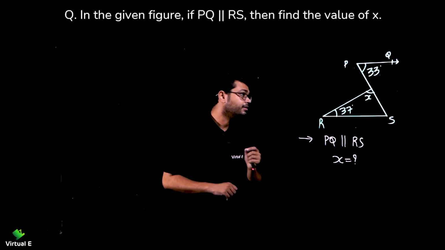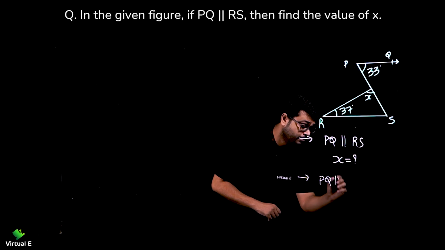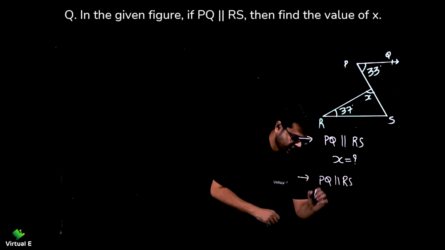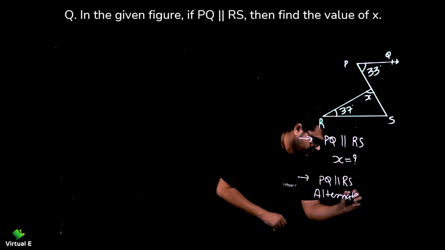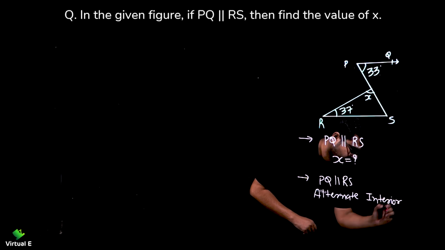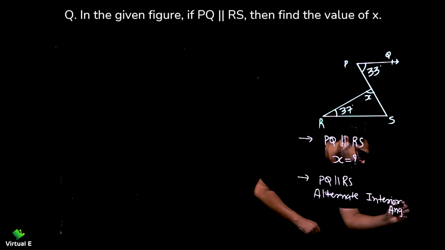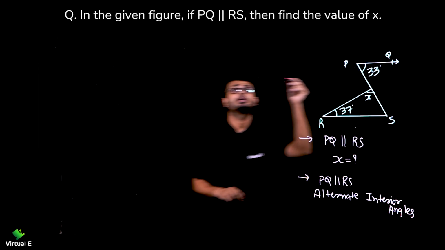Let's start with that. PQ parallel RS, and always mention alternate interior angles. So what can we write?